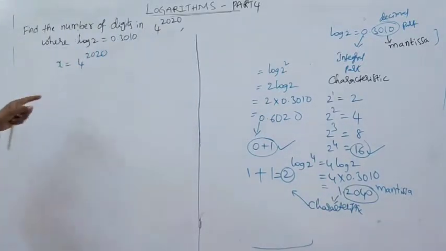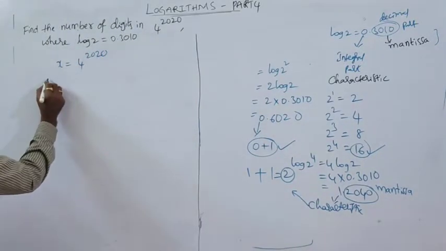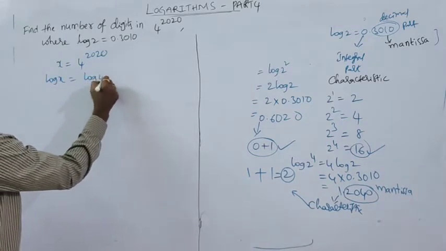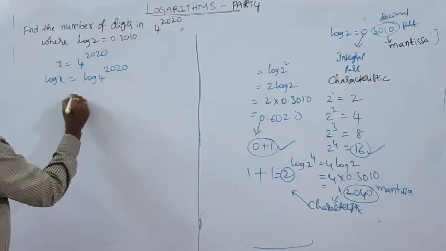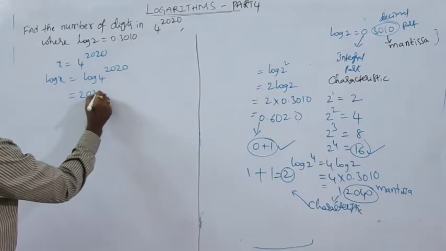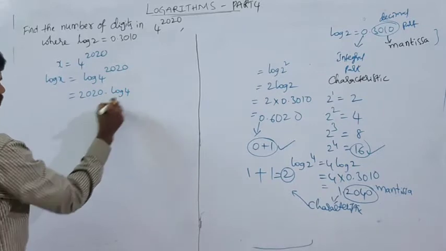Like this, similarly we find here also. So in this, take log: log x is equal to log 4 to the power of 2020. Now it is in exponential form. According to the formula, it can be written as 2020 into log 4.